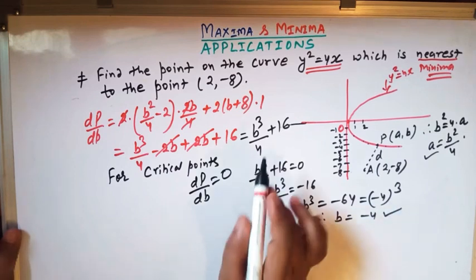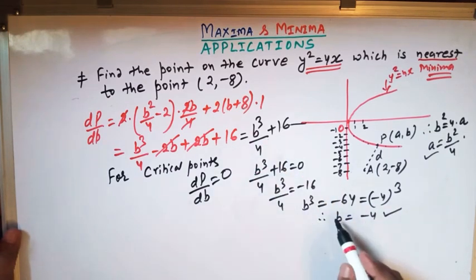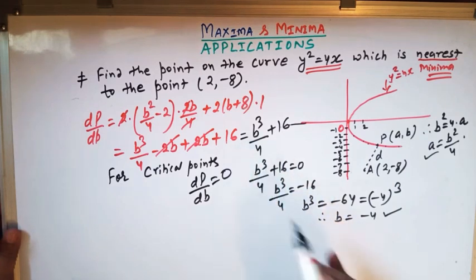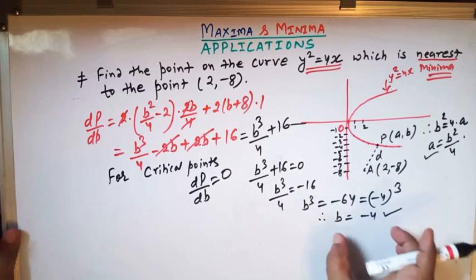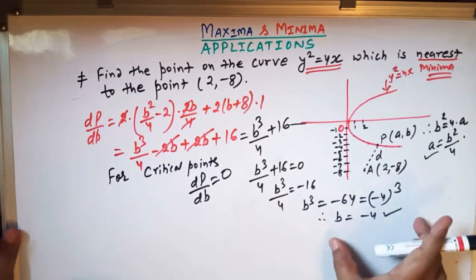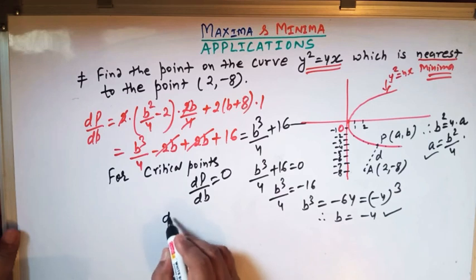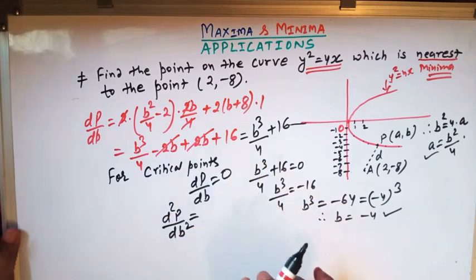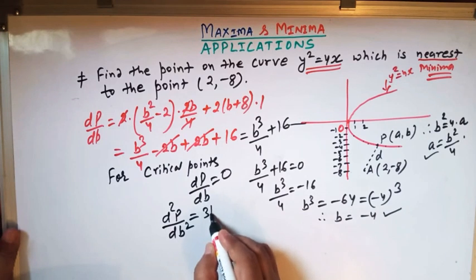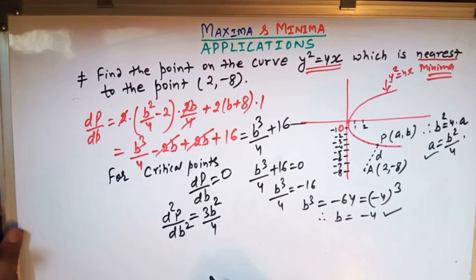Clear? Now let us differentiate this function again in order to verify whether b is a point of local minima or not. So we'll find d square p over db square. We are applying the second derivative test, so we must differentiate this function. So this is 3b square over 4, and the derivative of 16 is 0.